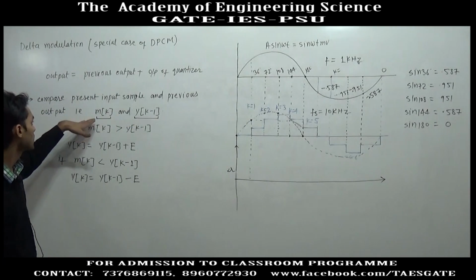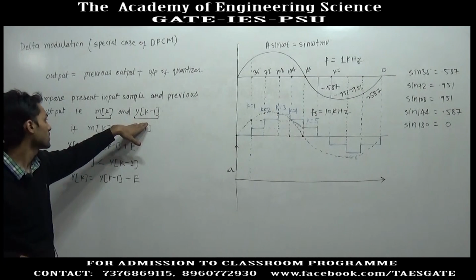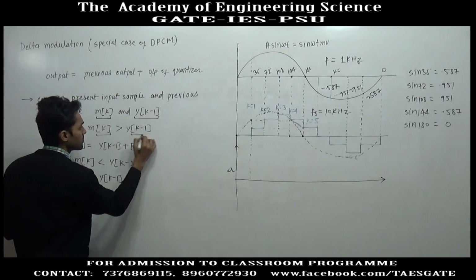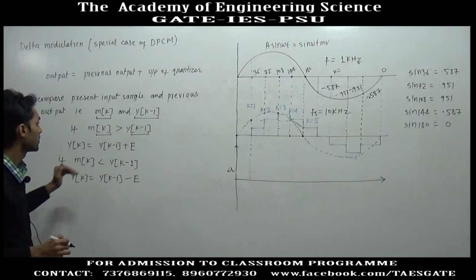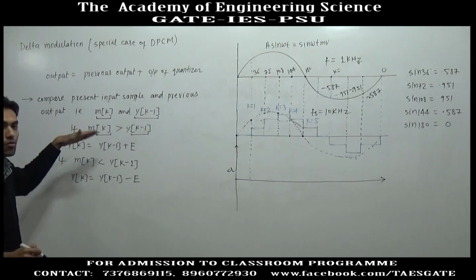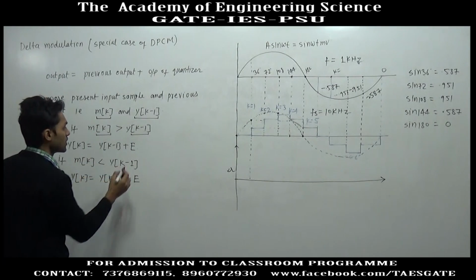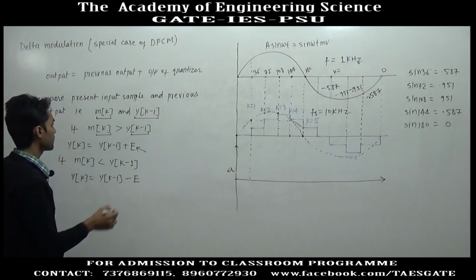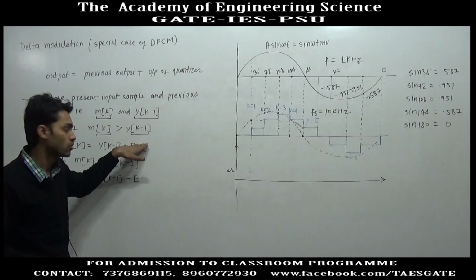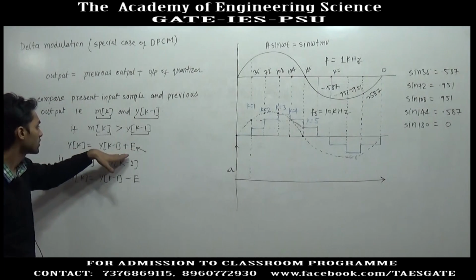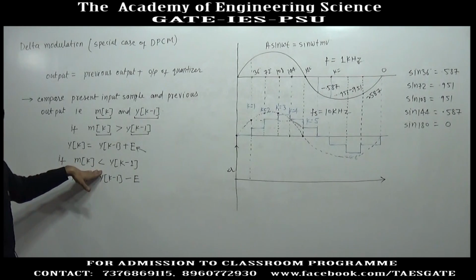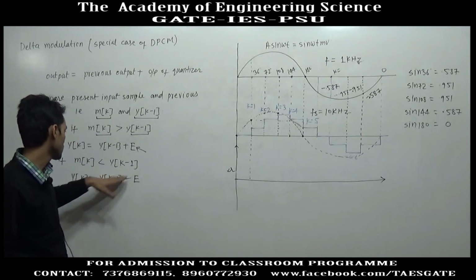So, at each instant we compare mk and yk minus 1, and if the input is greater than the previous output, the input to the quantizer will be positive, and the output of the quantizer will be plus E. So, if the present input is greater than the previous output, we will add E to the previous output, and if the present input is less than the past output, E will be subtracted.